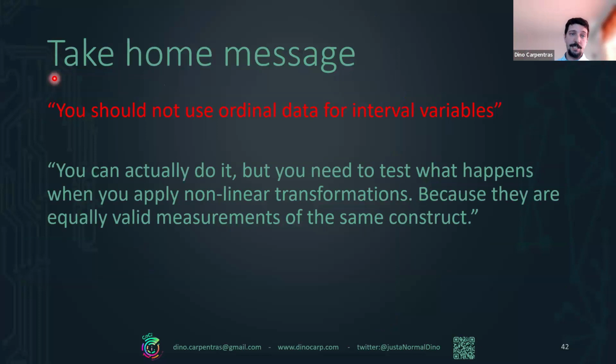And so the take-home message for today is that sometimes people think you should not use ordinal data for interval variables. Some people complain when we use psychological data with opinion dynamics models, for example, or agent-based models in general. Some people directly do it and they don't care.